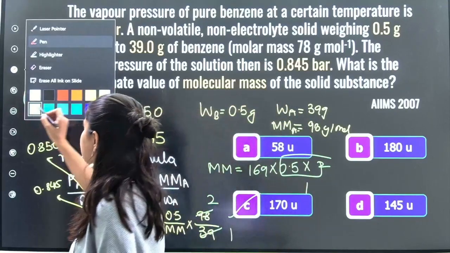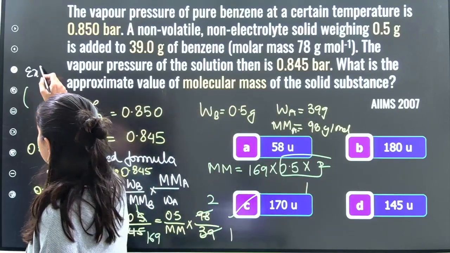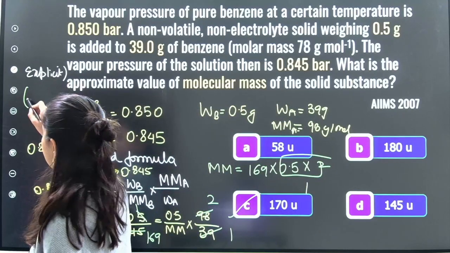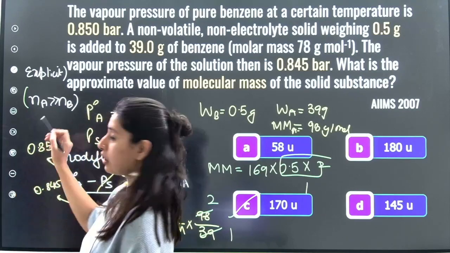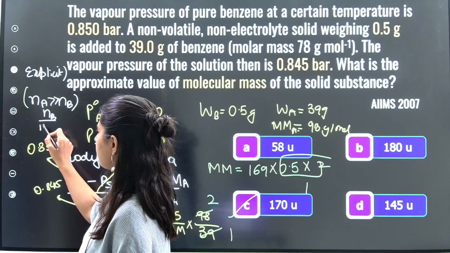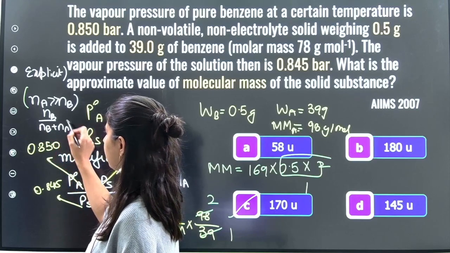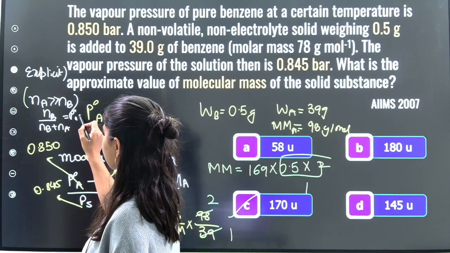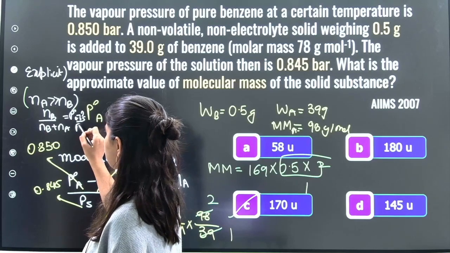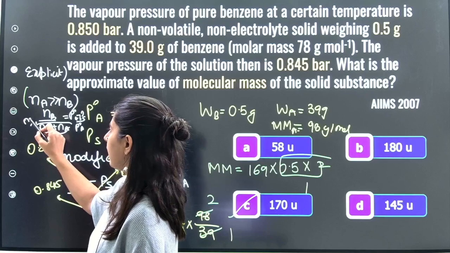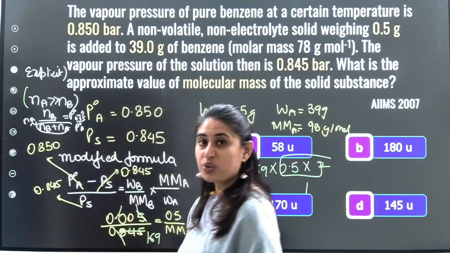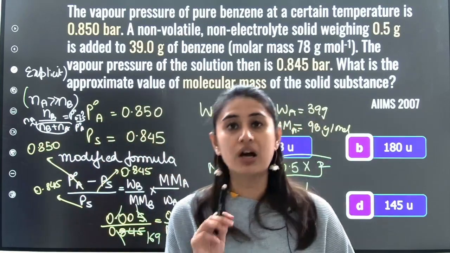But if the examiner explicitly writes that the moles of the solvent are way greater than the moles of the solute, then we know that NB divided by NB plus NA is equal to P naught A minus PS divided by P naught A, and the examiner wants you to take it equal to NB by NA. In that case, make use of the relative lowering of vapor pressure formula only.